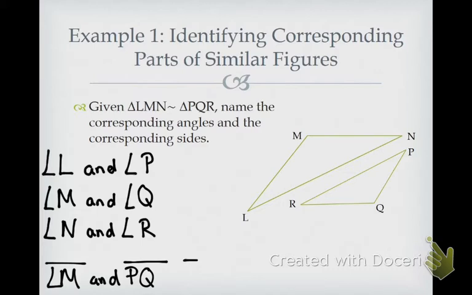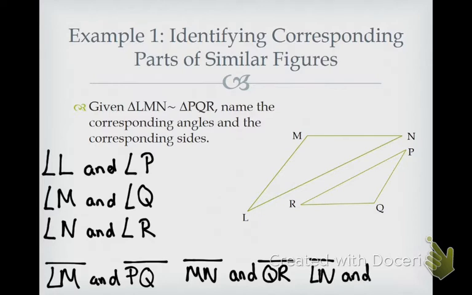Yes, very good. Side MN and QR. Anybody think they know the third pair? Wame? PR, very good. So it's going to be side LN and side PR. Now, if you said RP, that would be okay. It's just, you want to write it alphabetically. And those are my three pair of corresponding sides.